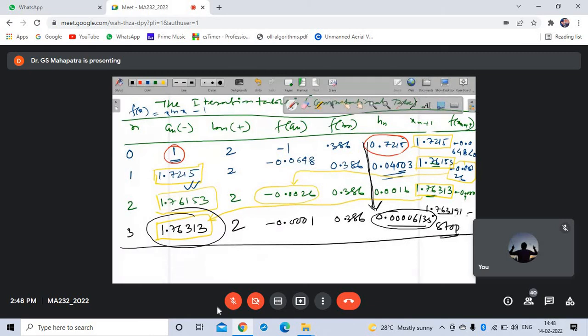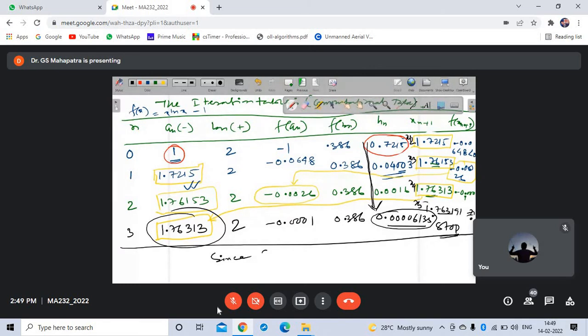Even no need to find this part also, since you have already 0.76. Since this is A0, so what is that one? It is x1, sorry, x2, it is x3, it is x4, it is x5.